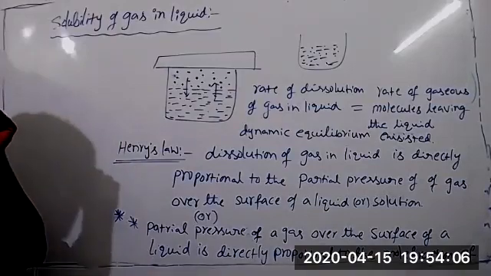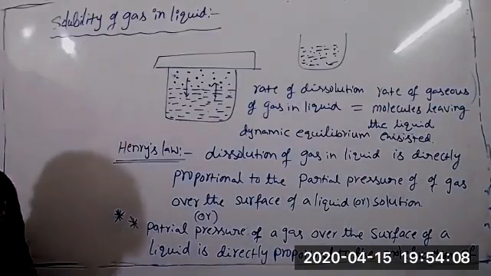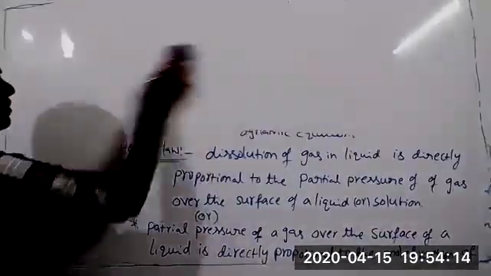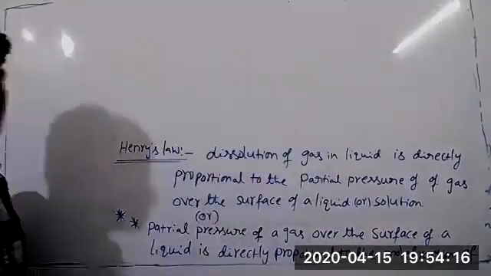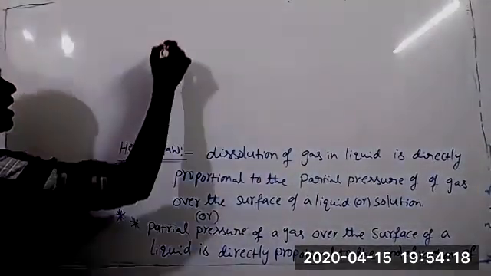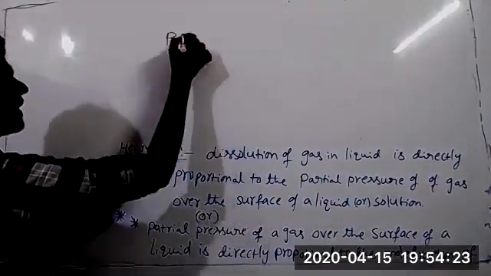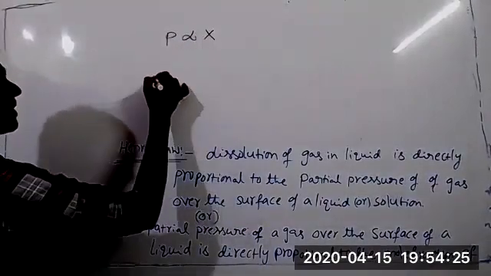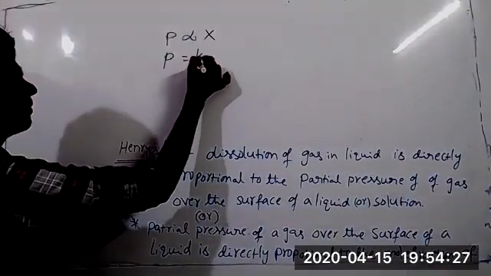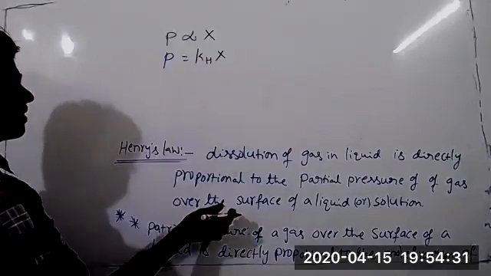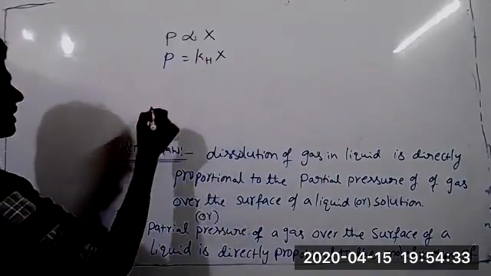The second definition has one simple formula. According to Henry's law, partial pressure is directly proportional to mole fraction. Partial pressure is equal to KH into X. P is partial pressure, X is mole fraction of gas, KH is Henry's constant.